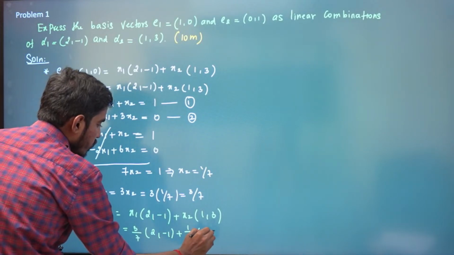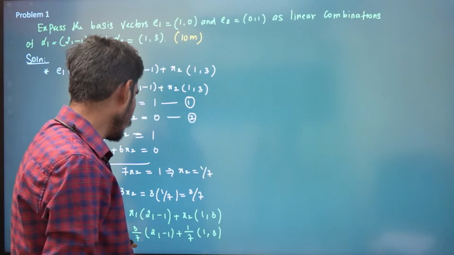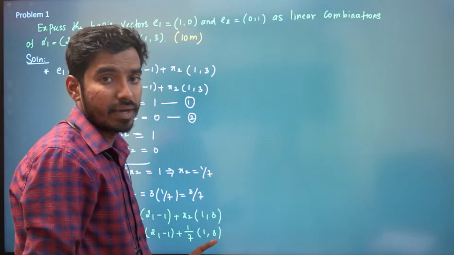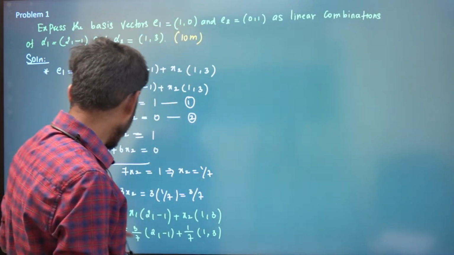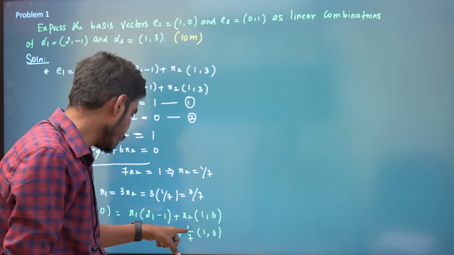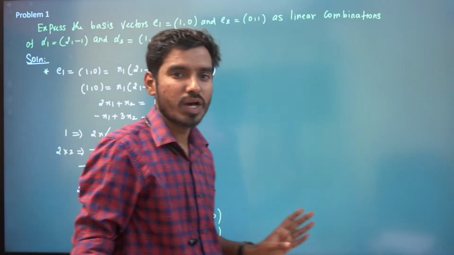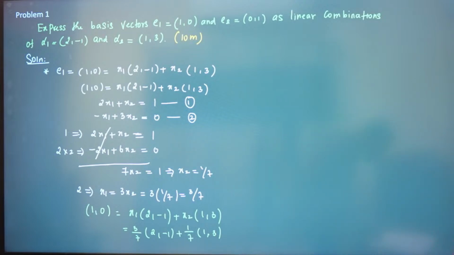You can check this. 3 into 2 by 7 is 6 by 7, and 6 by 7 plus 1 by 7 is 7 by 7, which is 1. So we have 1 here. 3 by 7 into minus 1 is minus 3 by 7, and minus 3 by 7 plus 3 by 7 is 0. So our x1 and x2 are correct.